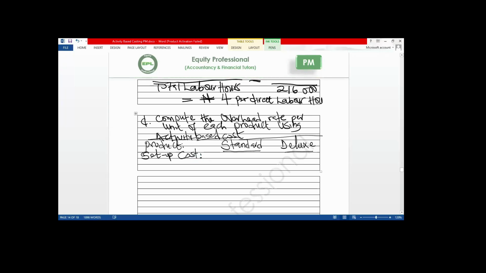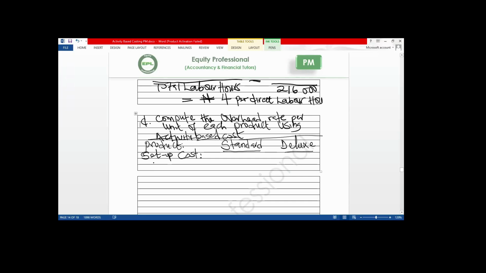What is the cost driver for setup, please? Number of setups. What is the cost driver rate for setup? 400 naira per setup. Thank you.